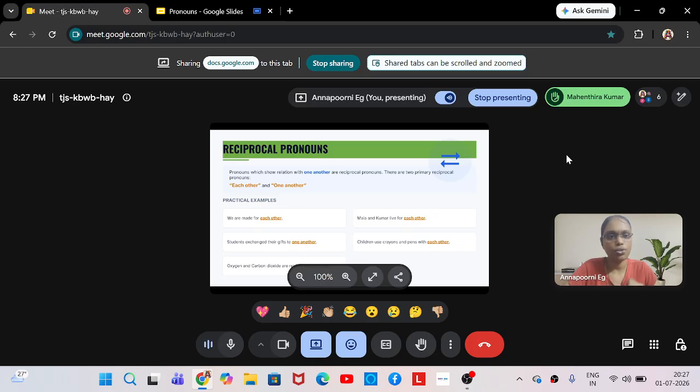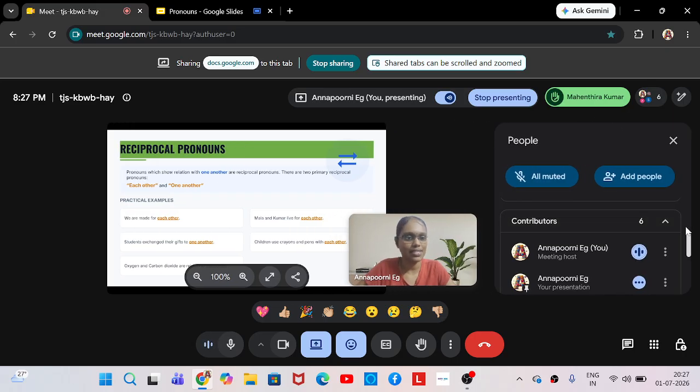Okay. So let us go through the examples. I will start with the first one. We are made for each other. So each other is a reciprocal pronoun. We are made for each other. Means எனக்கு நீயும் உனக்கு நானும் அந்த மாதிரி, அதுதான் we are made for each other. Okay. Savitri ma'am can read the next one.